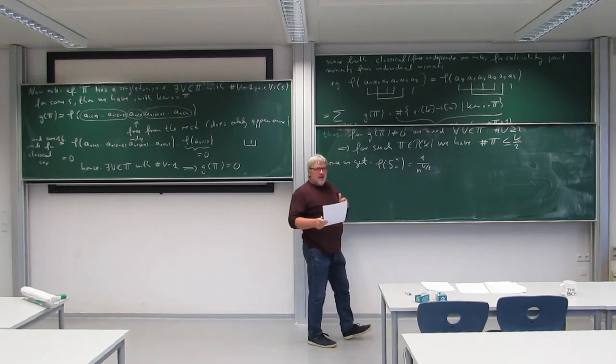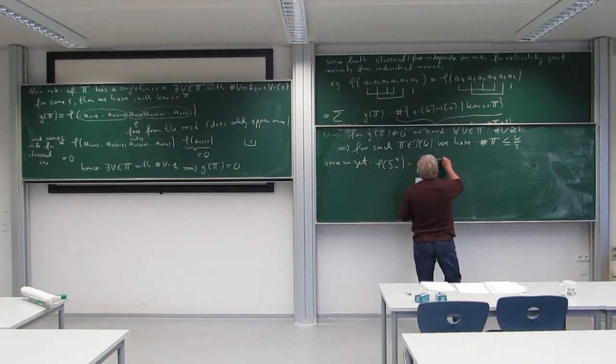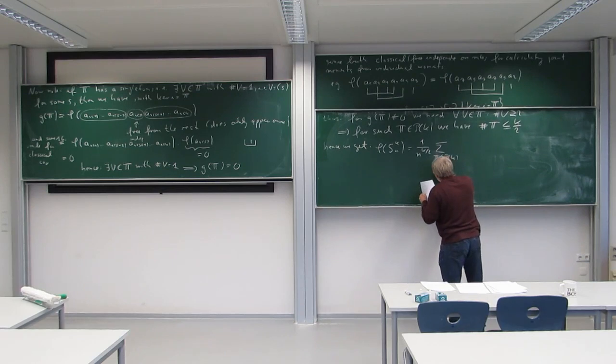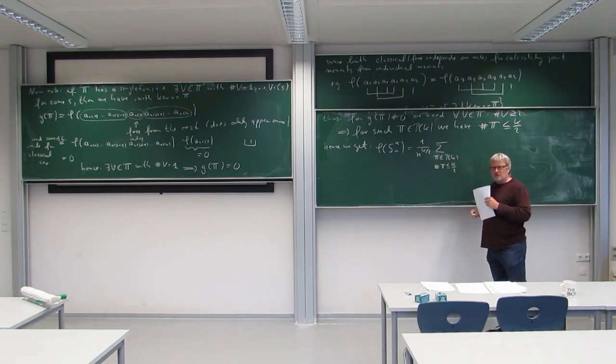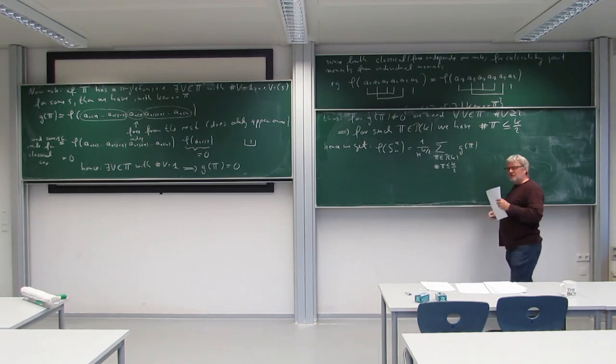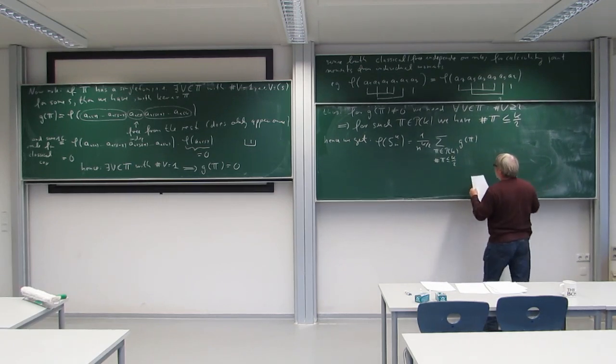And then I just have what I calculated before, which was the sum over all partitions of k elements. But now we know that we only have to sum over partitions which have at most k over 2 blocks. Because if this is not the case, this g of pi is equal to 0. So we can throw away those guys.